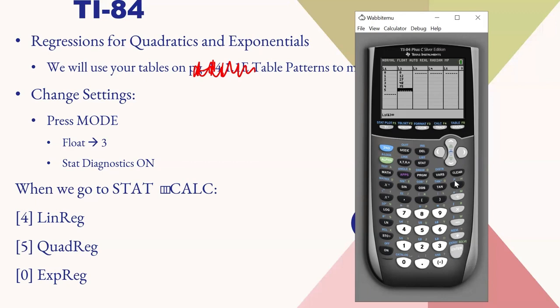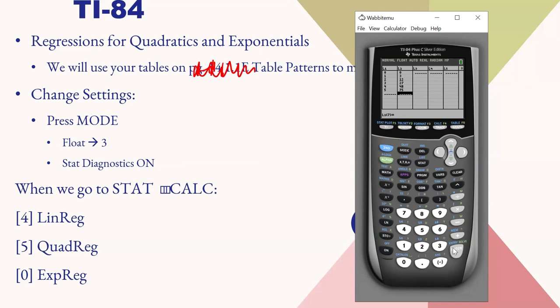Like, I skipped a number. What did I skip? Oh, I skipped 3. Oh my gosh, 3. 12, 27, 48, and 75.